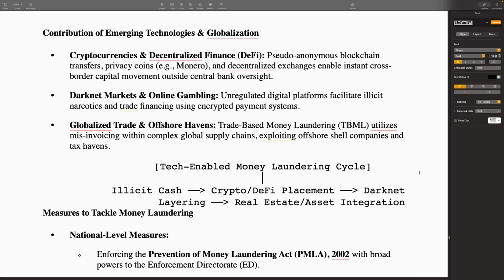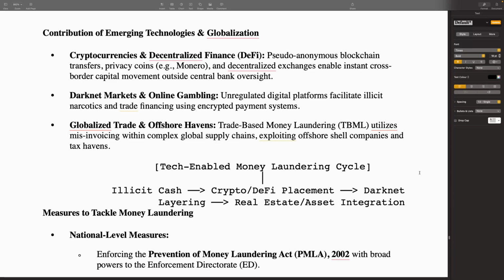Darknet markets and online gambling: unregulated digital platforms facilitate illicit narcotics trade and financing using encrypted payment systems. Globalized trade and offshore havens: Trade-based money laundering (TBML) utilizes misinvoicing within complex global supply chains, exploiting offshore shell companies and tax havens.